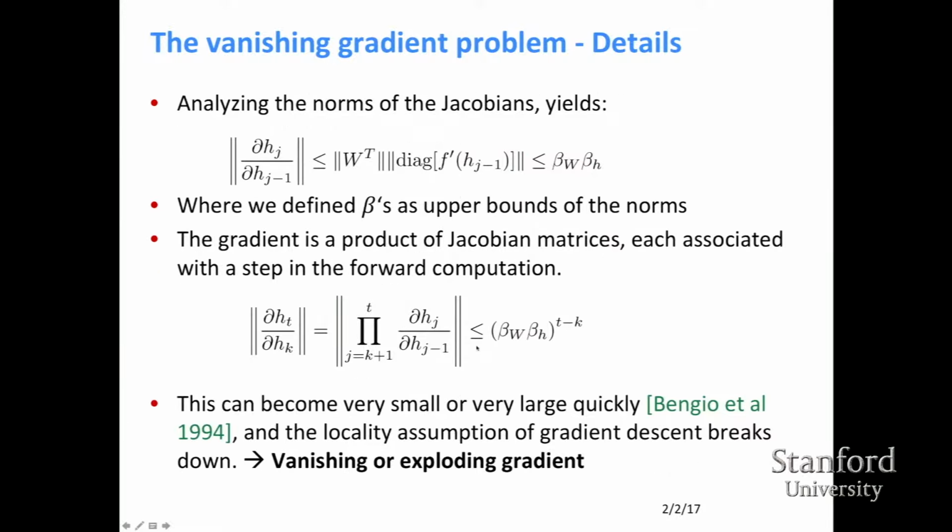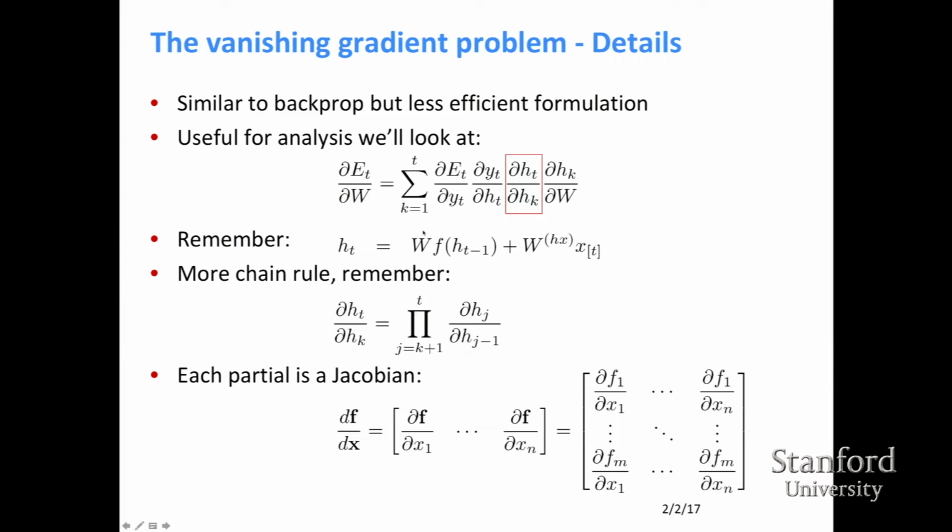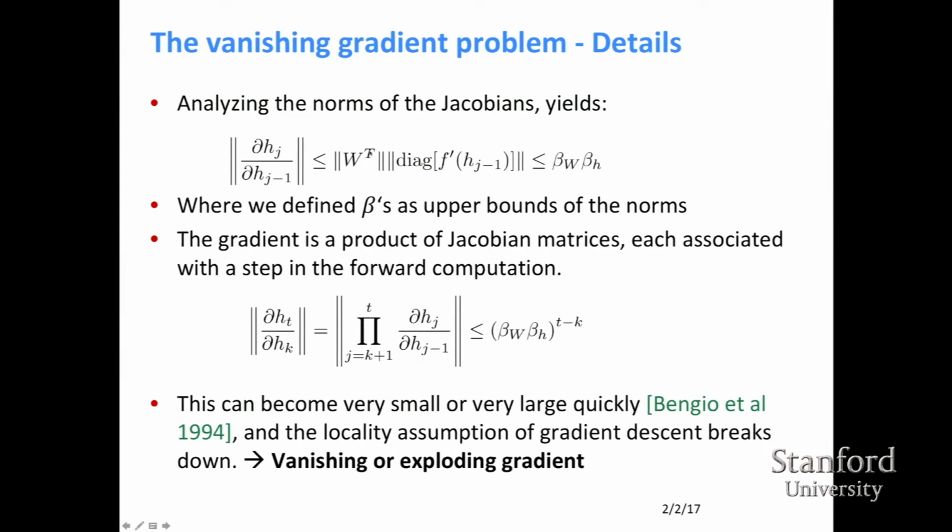Now, we can try to simplify this and just say, all right, let's say there's an upper bound. Also, the derivative of h with respect to hj, with this simple definition of each h, can be computed this way. Now we can upper bound the norm of this matrix with the multiplication of these terms, where we have W^T.